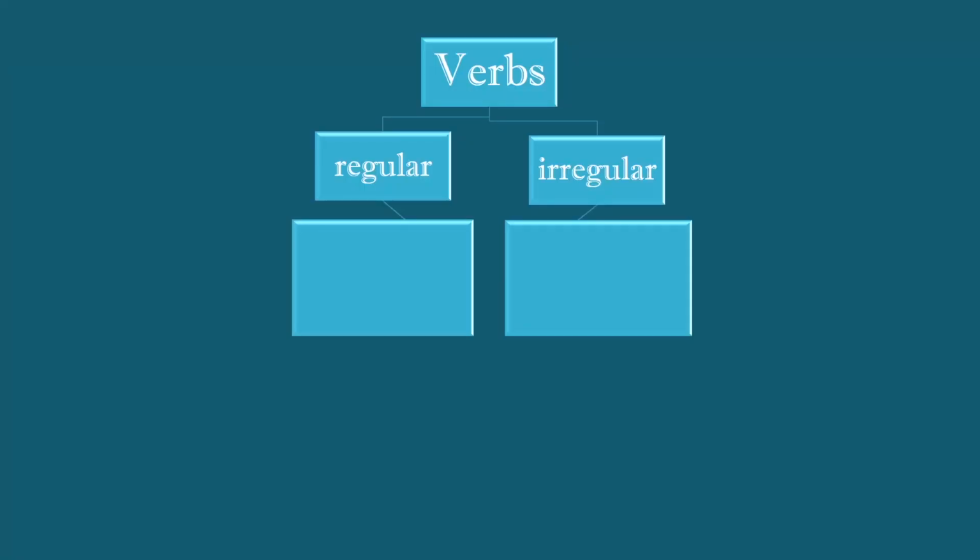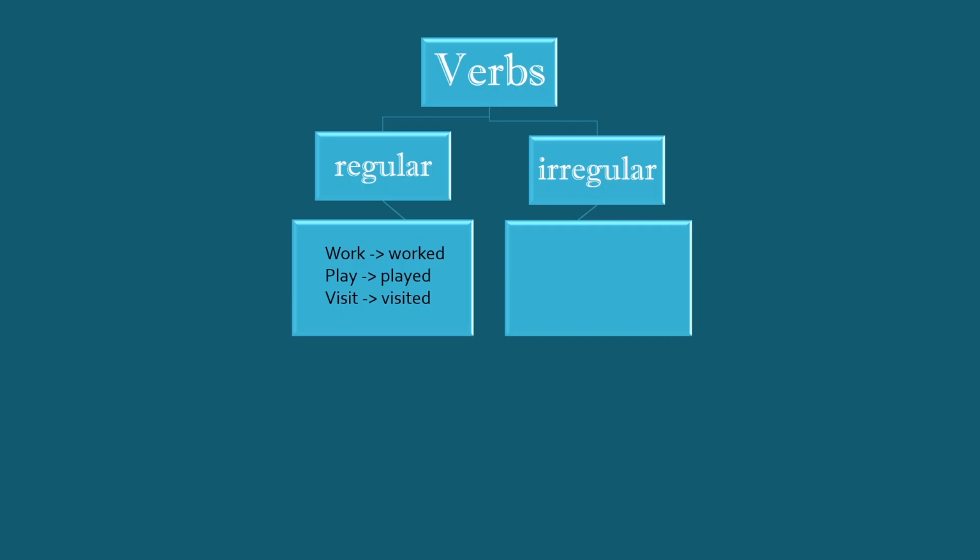But how to form the past simple? There are two main types of verbs in the past simple. As you can see, regular and irregular verbs. Okay, first, regular verbs. Most regular verbs end in ed in the past tense. For example, play would be played.